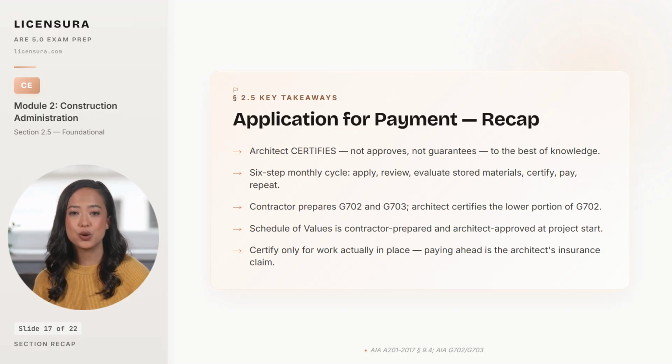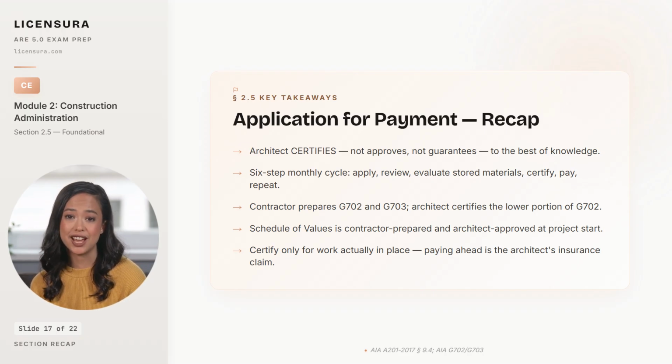And the bottom line rule that holds the certification's defense is to certify only for work actually in place. Paying ahead or certifying for materials that the architect has not verified is the most common path to insurance claims against architects in the CA phase, and the firm's premium tracks how disciplined the certifications have been.